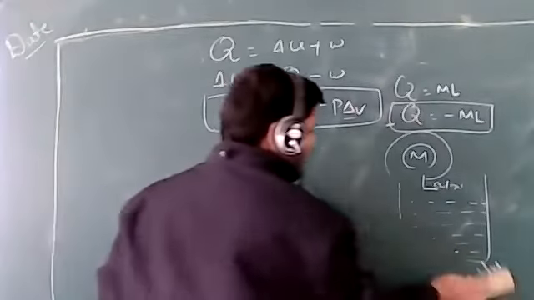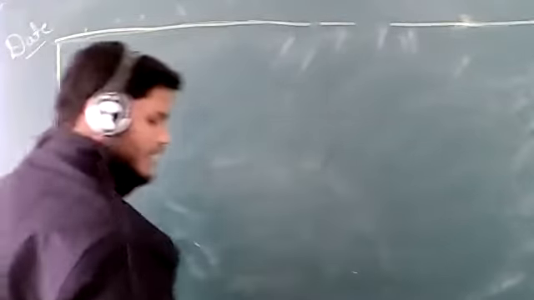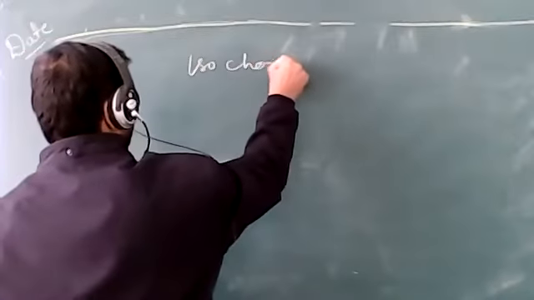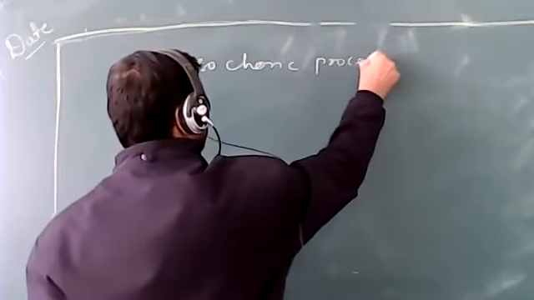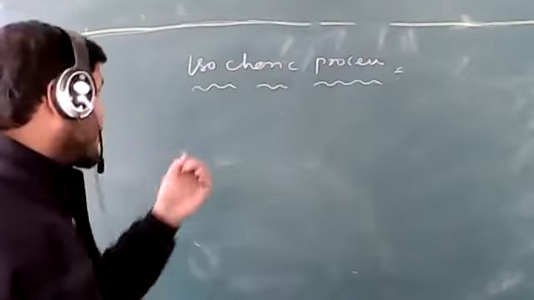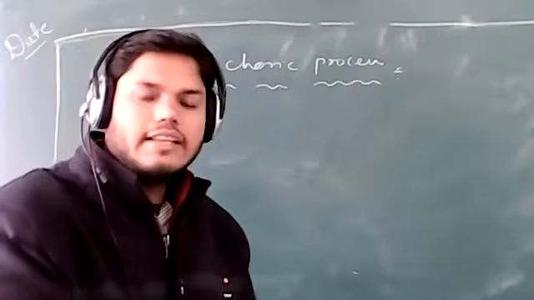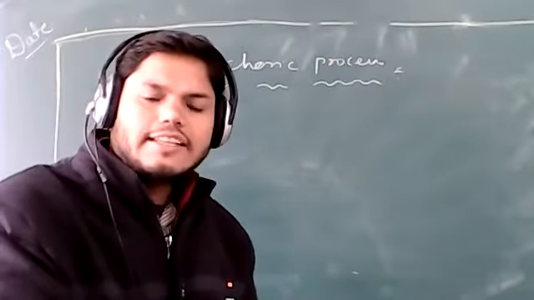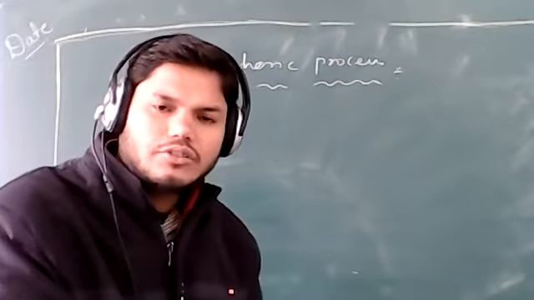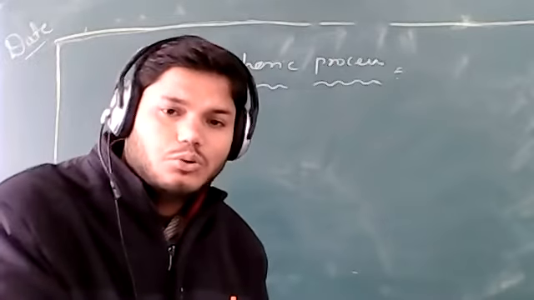The next process is the isochoric process. What does it mean? Isochoric process means that if the volume of the system remains constant throughout the process, then this type of process is called an isochoric process.